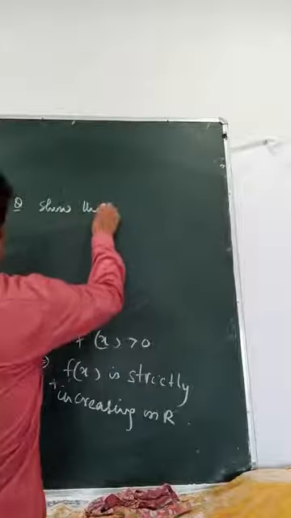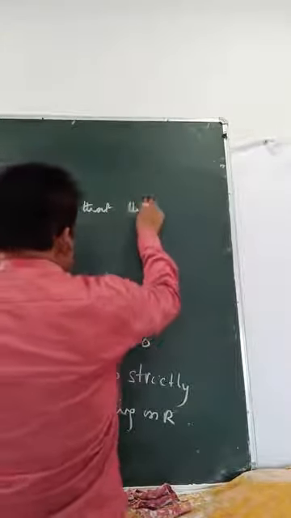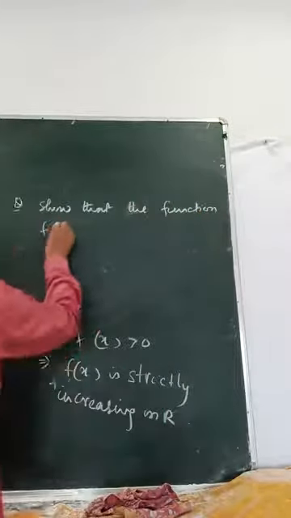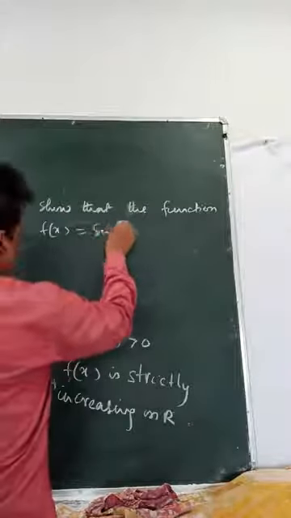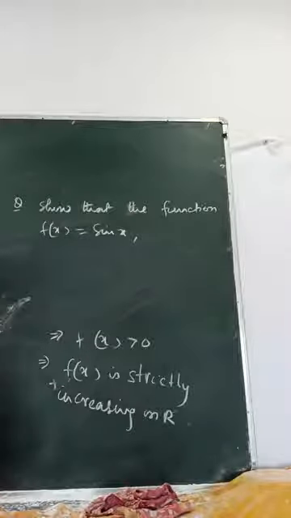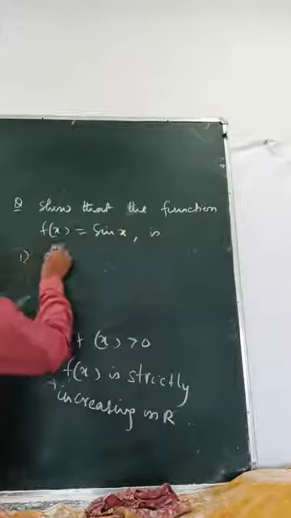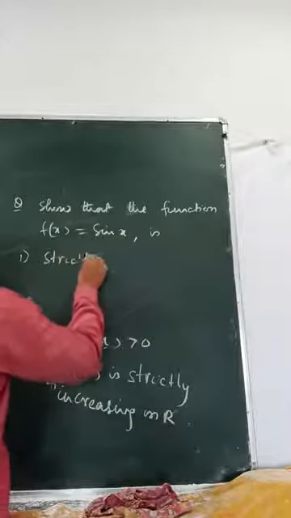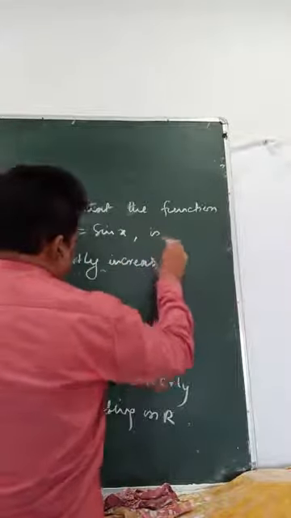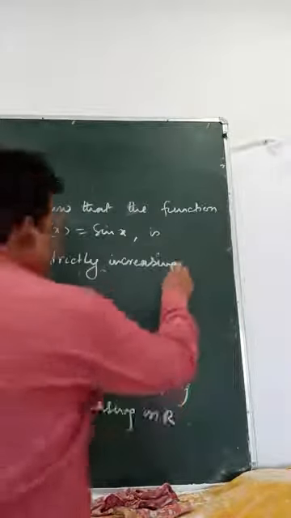Show that the function f(x) equals sin x is, first, strictly increasing in 0 to pi by 2.